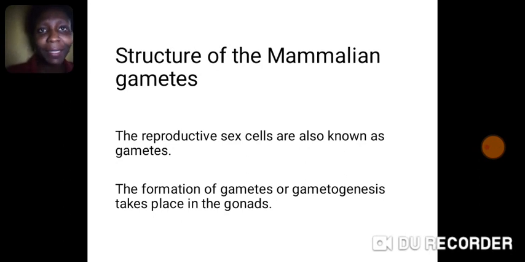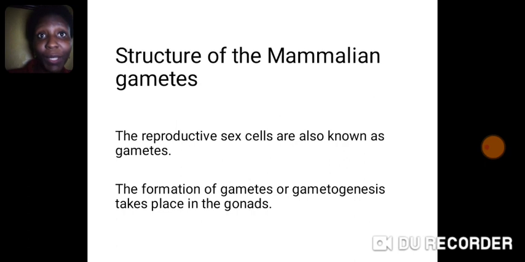This is lesson 2 of reproductive systems in vertebrates. The first time, we looked at the structures of the male and female human reproductive systems, wherein we saw the parts and functions.